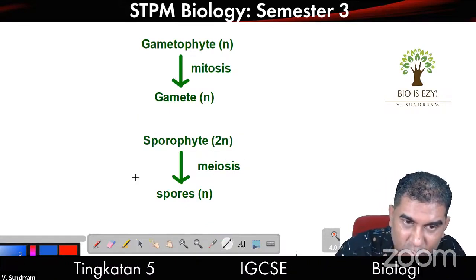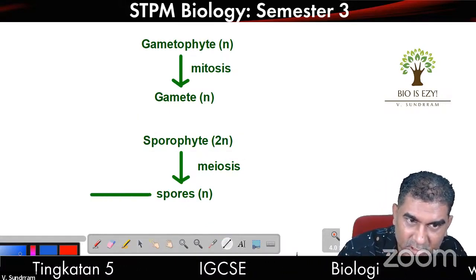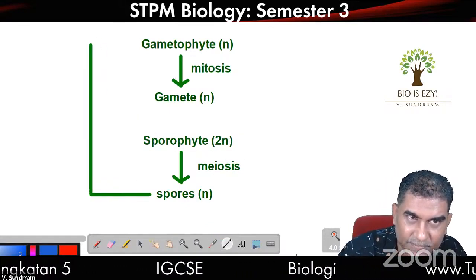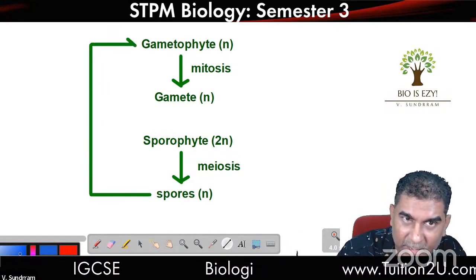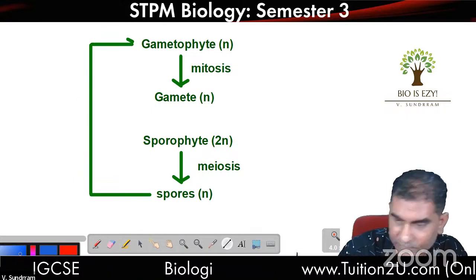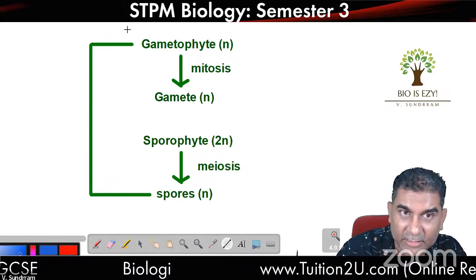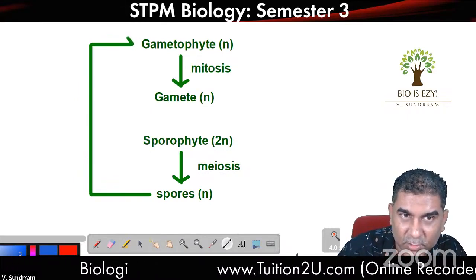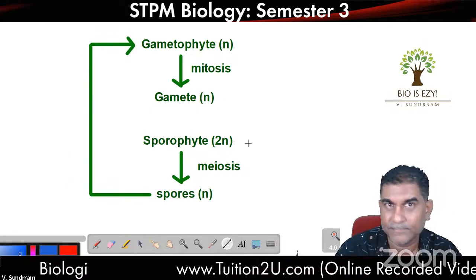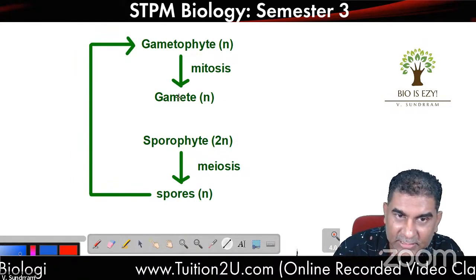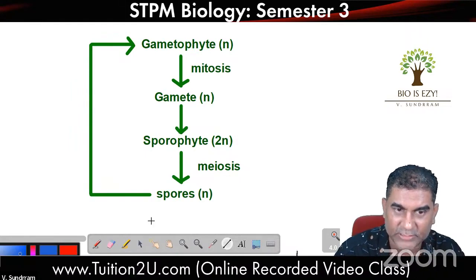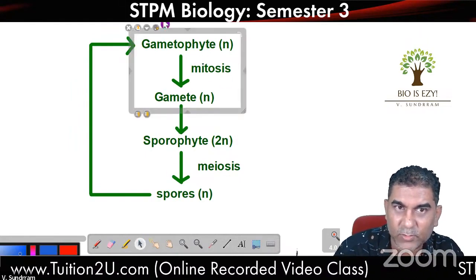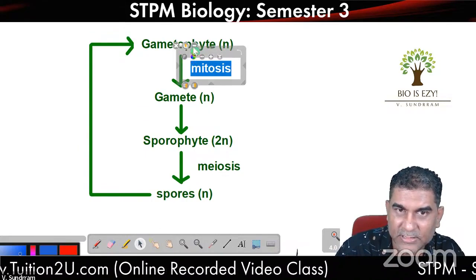What happens to the sporophyte? The spore becomes the gametophyte. Now gametophyte will grow, they form gamete. Fertilization of gamete: two gametes do fertilization. When they do fertilization, maybe I change this color.